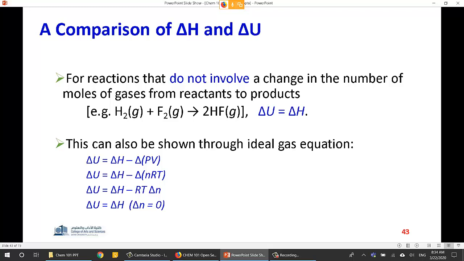And we know that PV is equal to nRT from the ideal gas law. I'm just substituting that: delta U is equal to delta H minus delta nRT. And because the temperature here is constant and the R is constant, this will give us delta U is equal to delta H minus RT delta n, where delta n actually is the change in number of moles of gases.